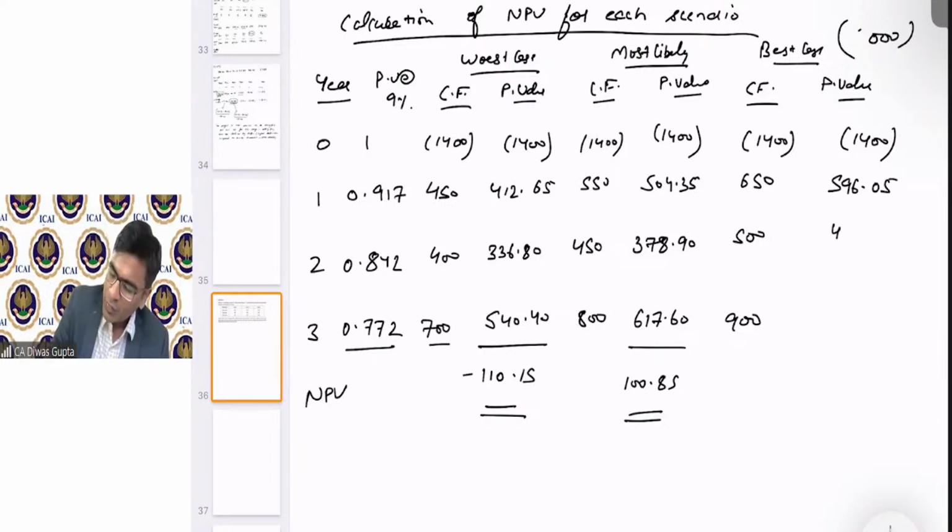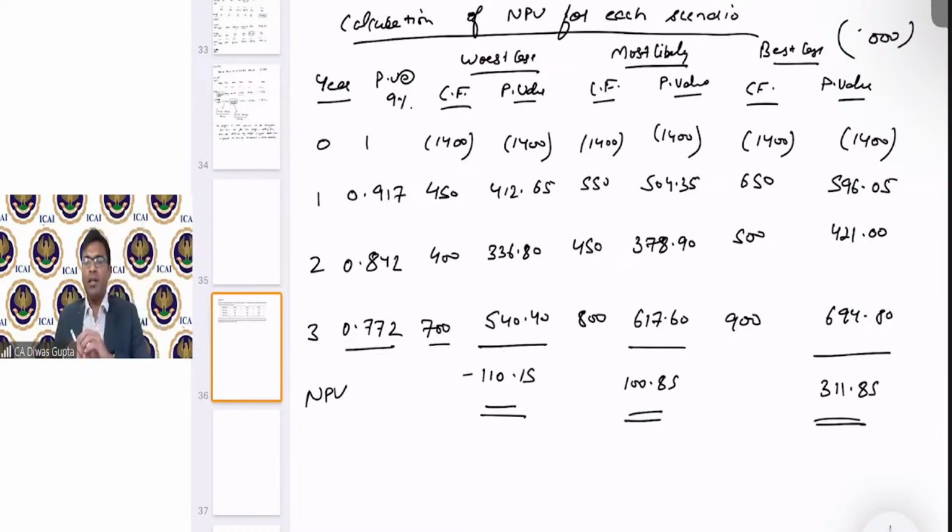Then becomes 421.00. 694.80. The total becomes 311.85. So the NPV here comes out as 311.85.